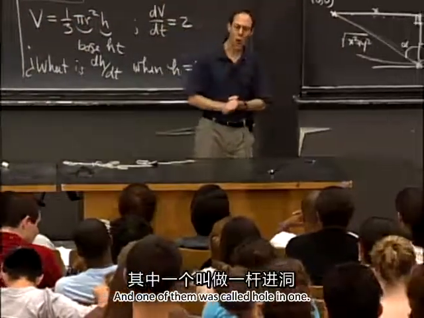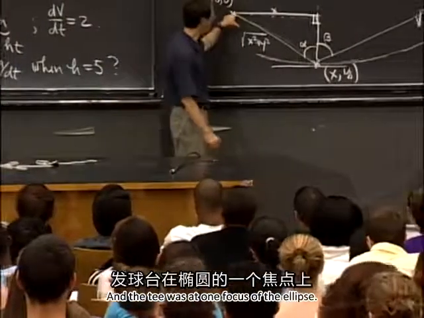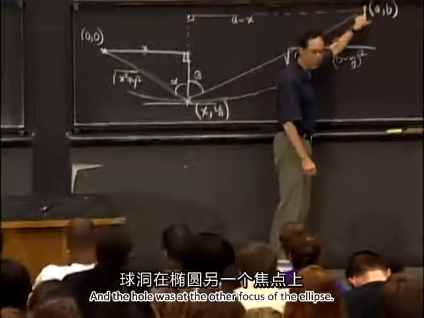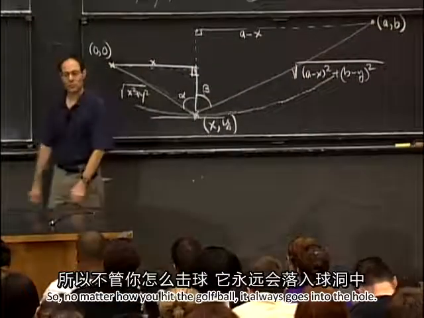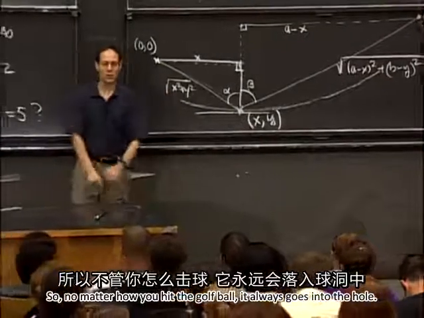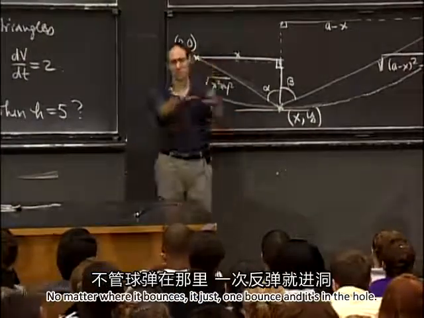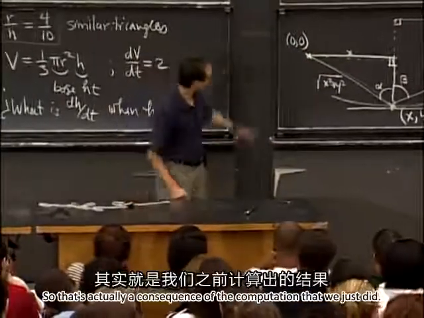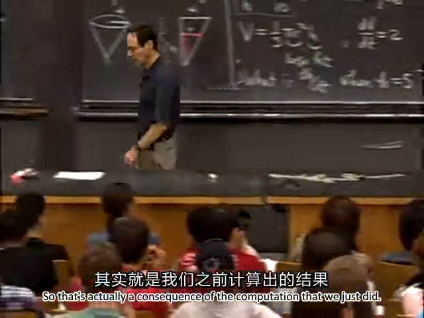And one of them was called Hole in One. And the tee was at one focus of the ellipse, and the hole was at the other focus of the ellipse. So no matter how you hit the golf ball, it always goes into the hole. No matter where it bounces, it's just one bounce and it's in the hole. So that's actually a consequence of the computation that we just did.